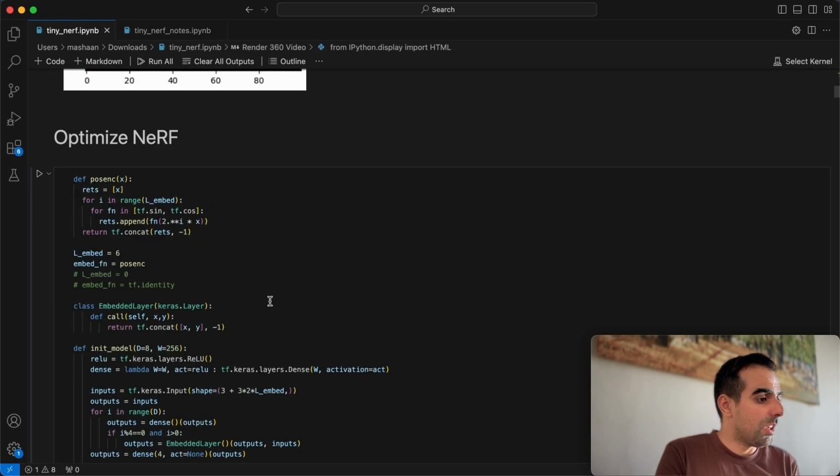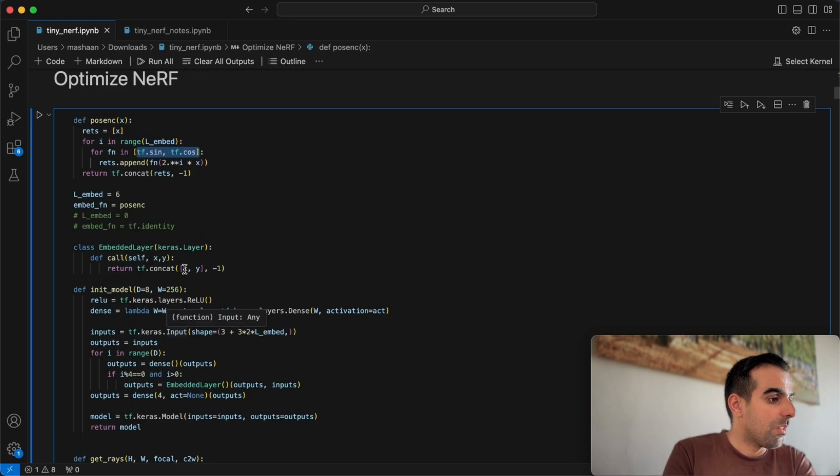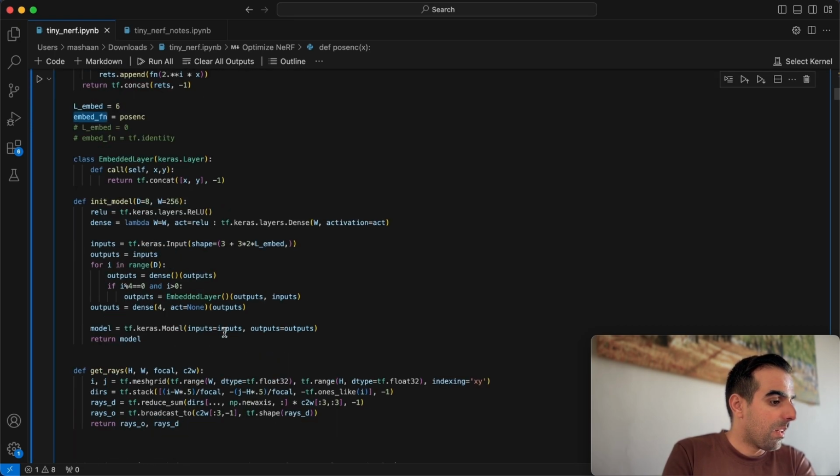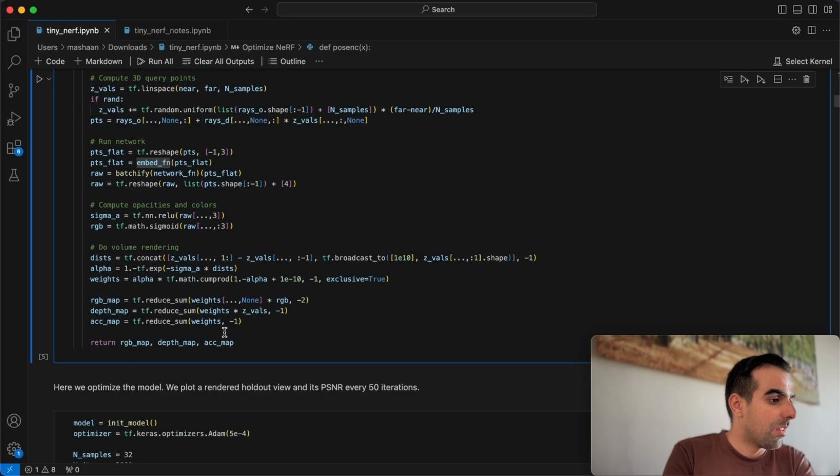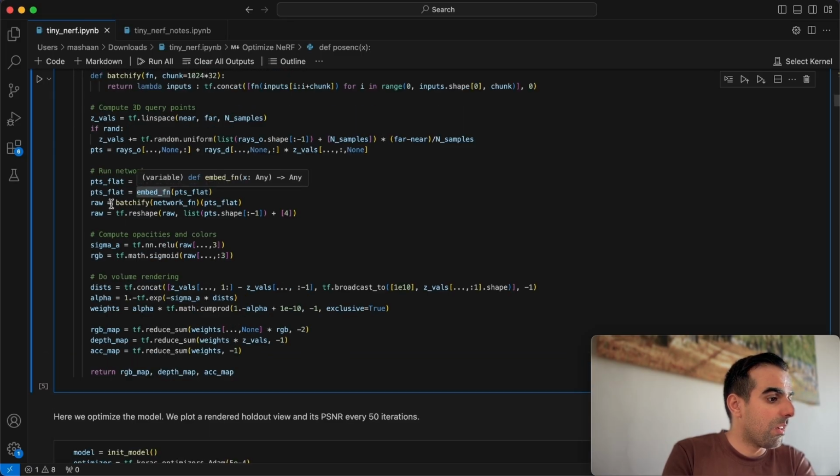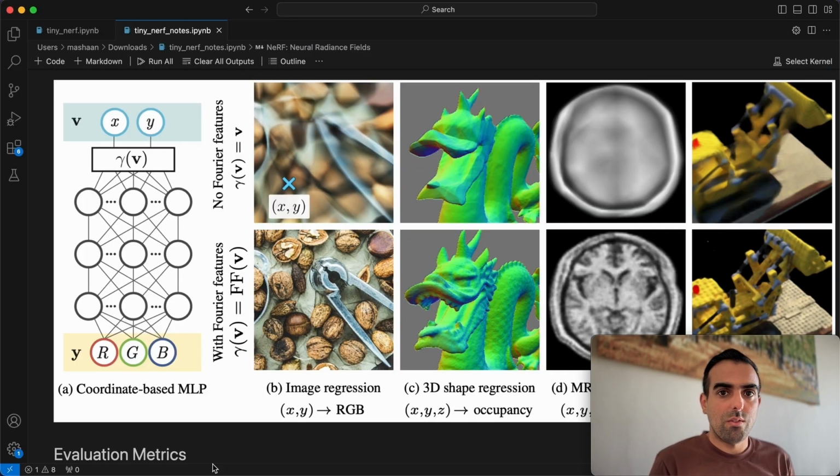They implemented this here in Tiny NeRF, so they are using positional encoding for each 3D coordinate. They are storing this function here, an embed function, and they are using the embed function just before they run the network.